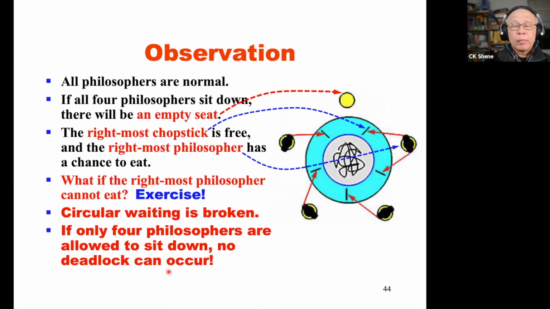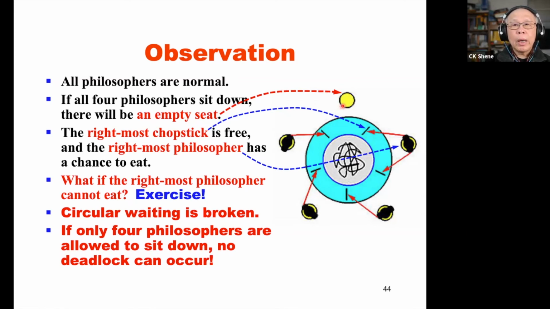Now, let's assume that all philosophers are normal. We only allow four philosophers to sit down, there will be an empty seat, right? We do not allow all five philosophers to sit down.